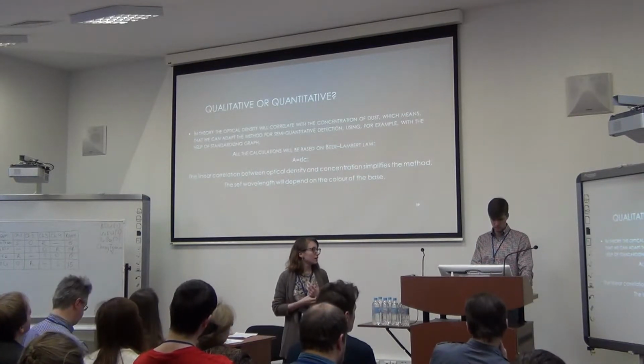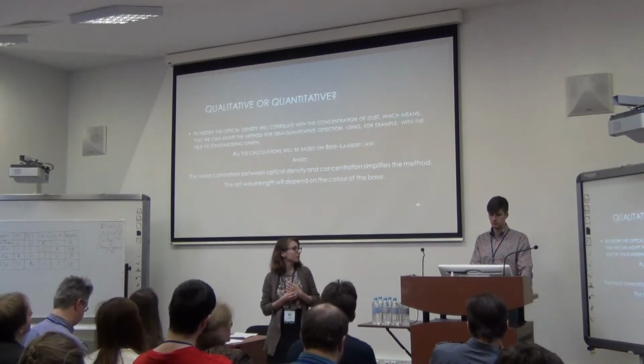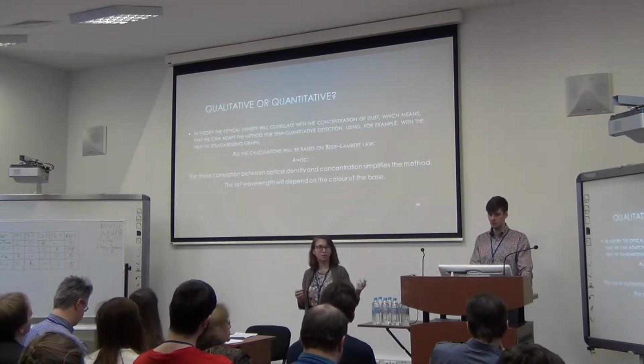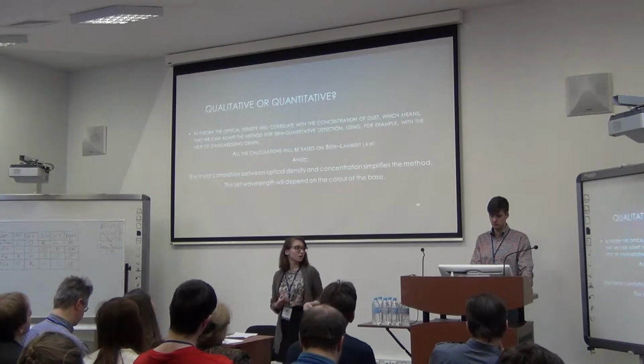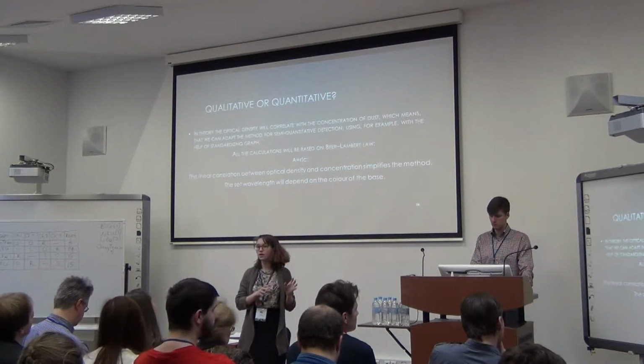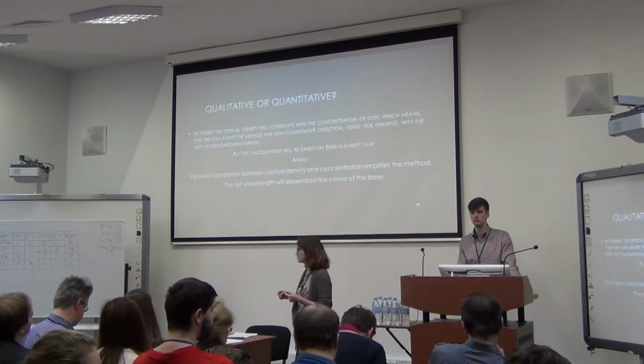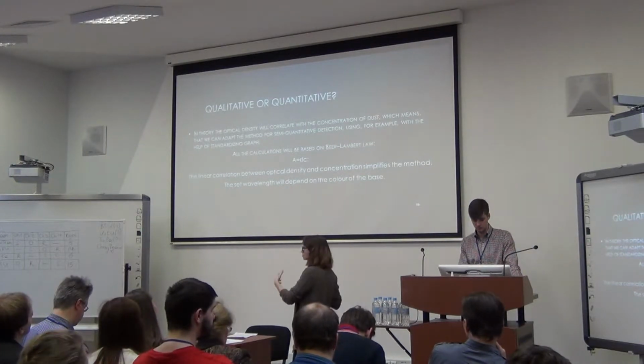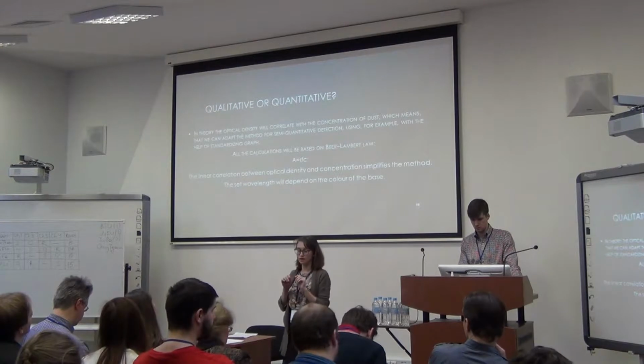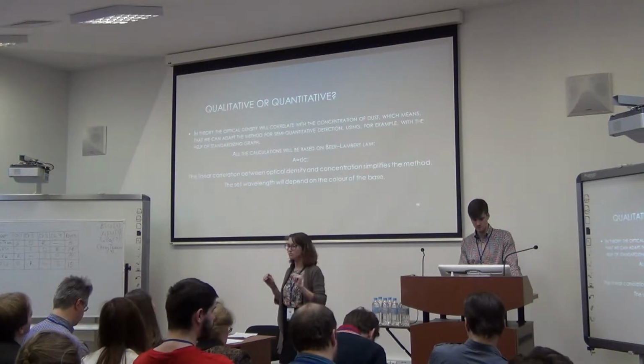And the linear correlation will also simplify the method. As for the wavelength that we should choose, it may vary and it depends on the color of the sticky base that we use.